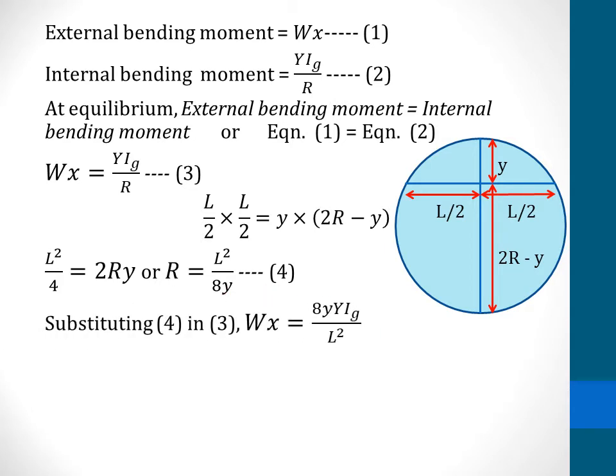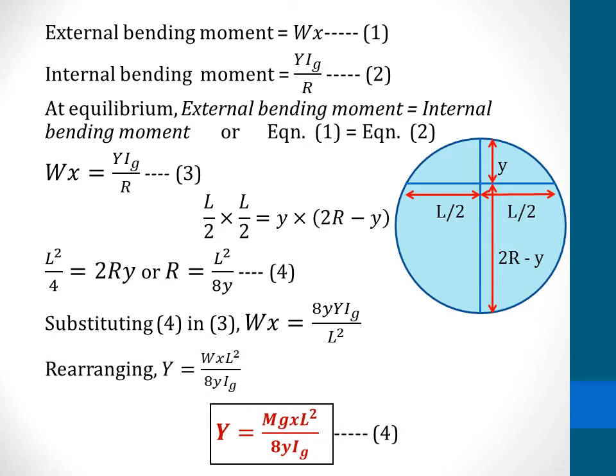We now substitute this equation 4, which is the expression for R, in equation 3, and we obtain Wx to be equal to 8y Y Ig by L square. Rearranging again in order to obtain the Young's modulus of the material of the beam, we have Y to be equal to Wx L square divided by 8y Ig.